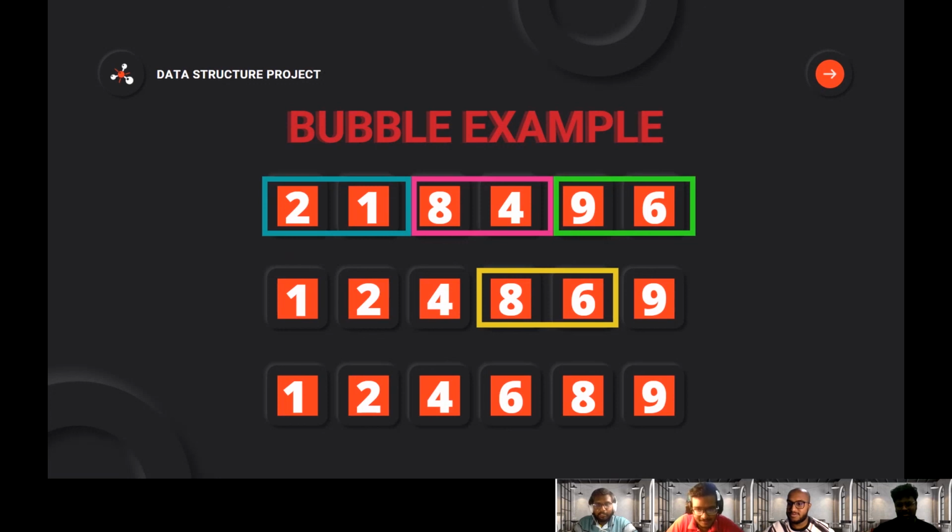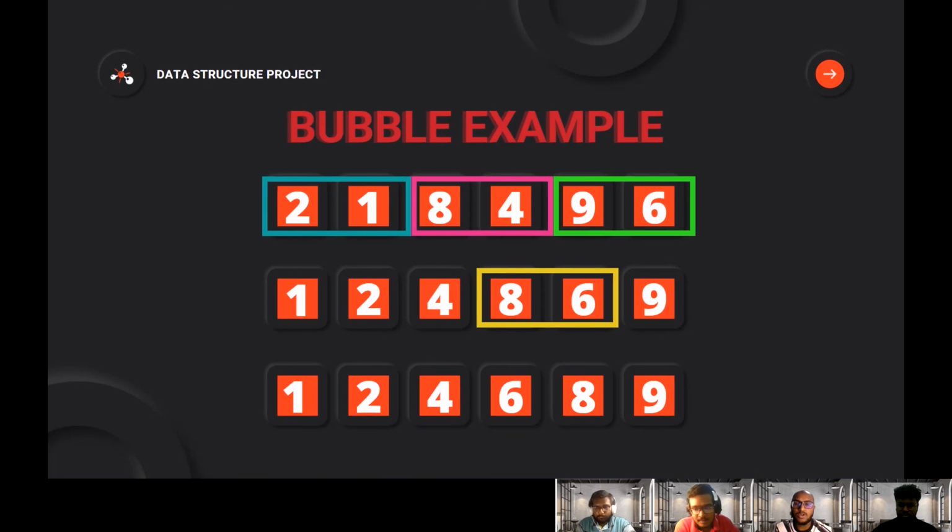As you can see, I have highlighted 2 and 1. So for 2 and 1, it will start to compare. Once it compares, it will choose the lowest number to swap in front. So 1 will come in front and 2 will be back.